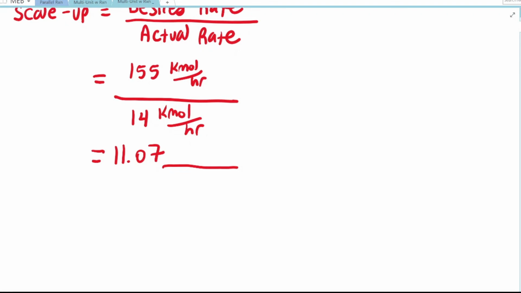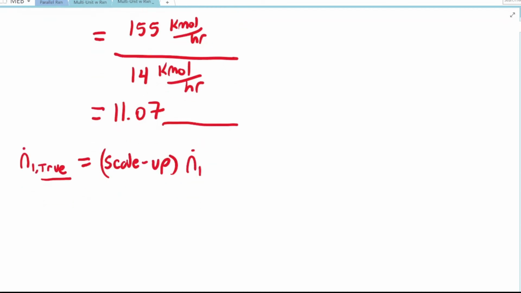From here, we're going to take our N1 dot, for example. Our true N1 dot is going to equal scale up multiplied by N1 dot.